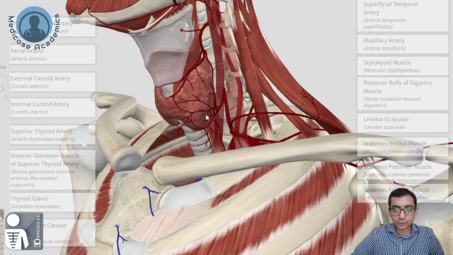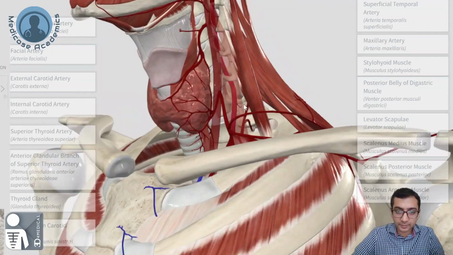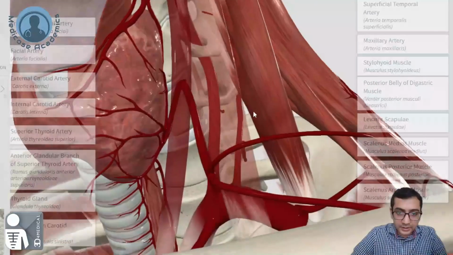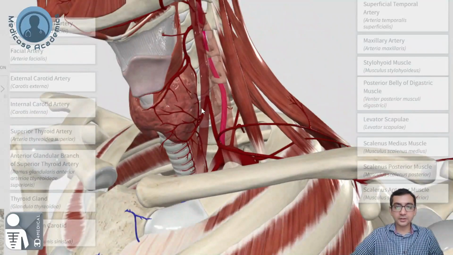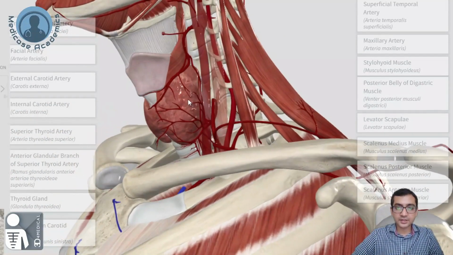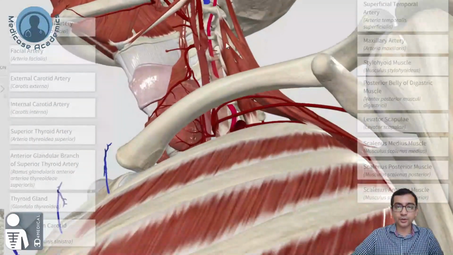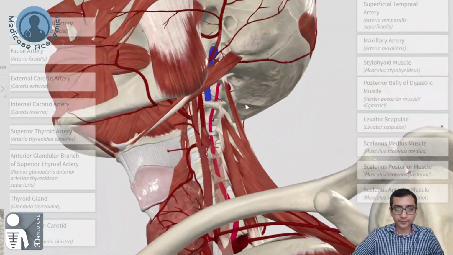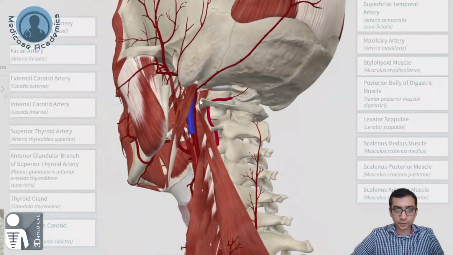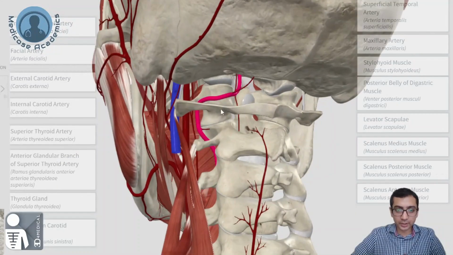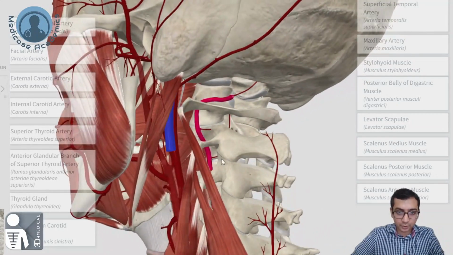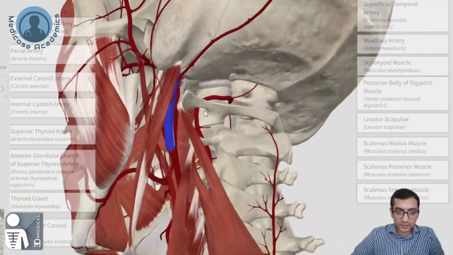You can see it through the scalene anterior. It is going through the vertebral canals. Here you see it is not passing through the last foramen. It moves through 6, 5, 4, 3, 2, 1 all the way to the top. If you follow it to the top, it makes an outside loop to go into the transverse foramen.